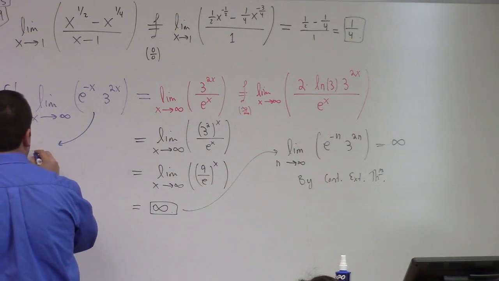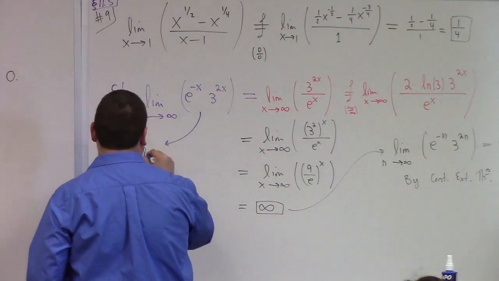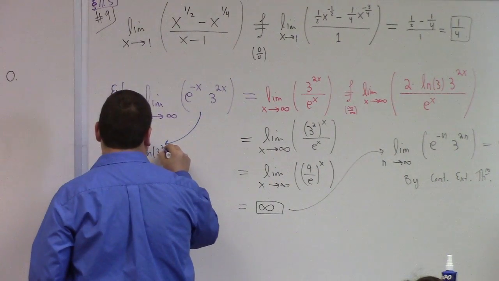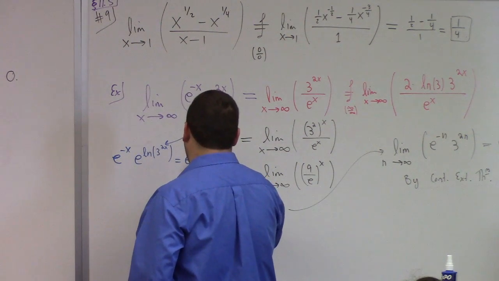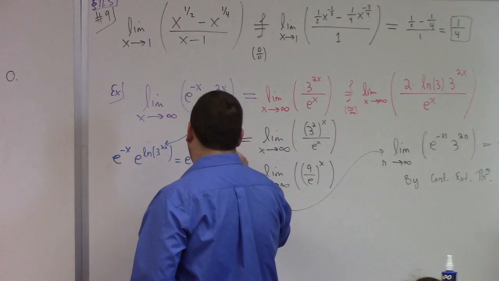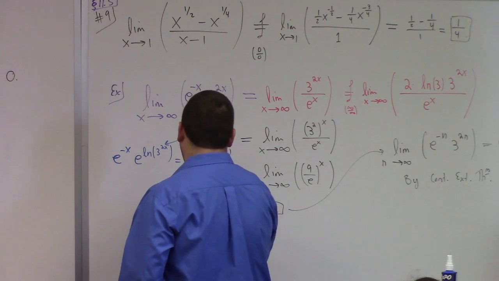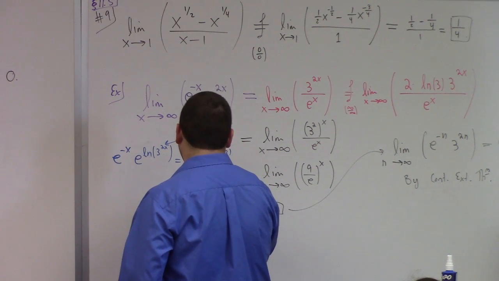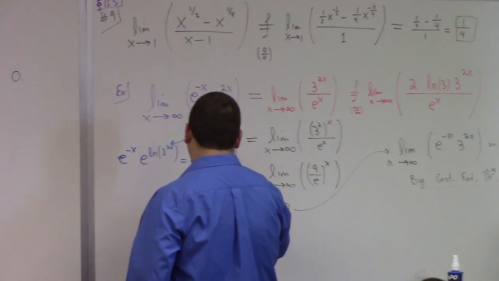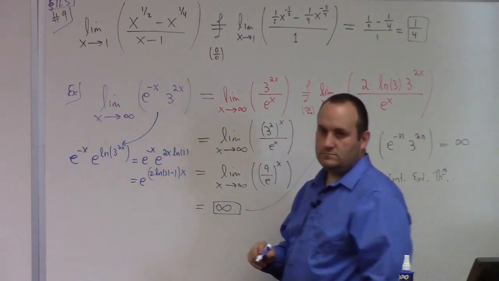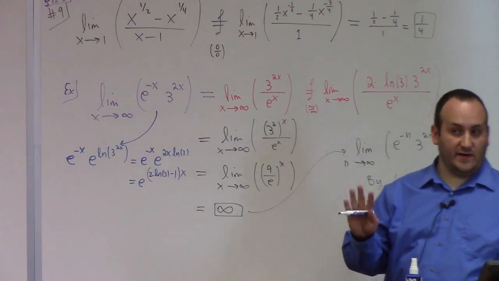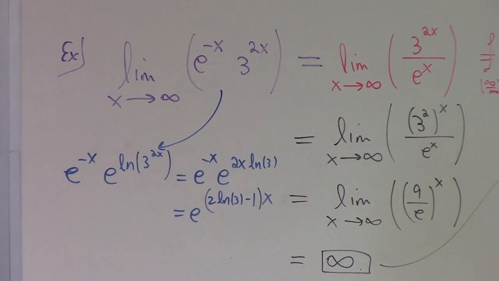e to the minus x times e to the ln of 3 to the 2x would have been e to the minus x times e to the 2x ln of 3, which would be e to the 2 ln of 3 minus 1 times x. You could do that. No quotients there. Just our knowledge of exponentials and logs and how to convert from base 3 to base e.